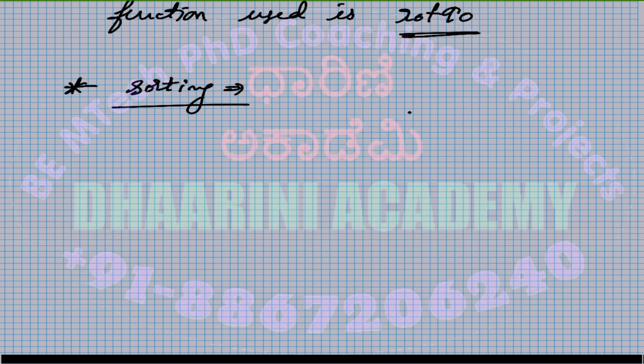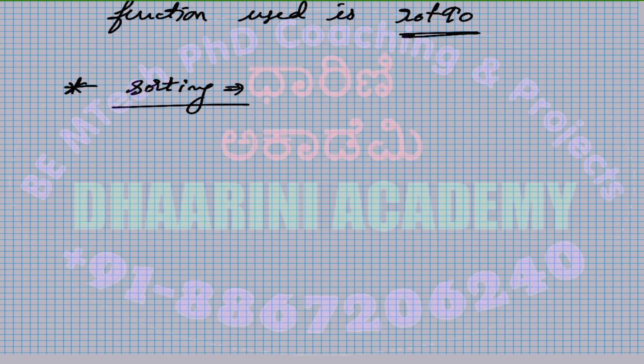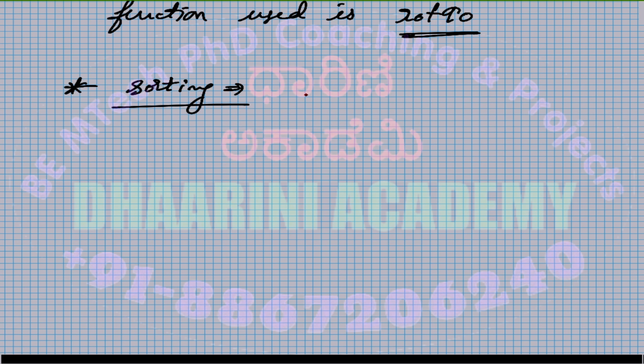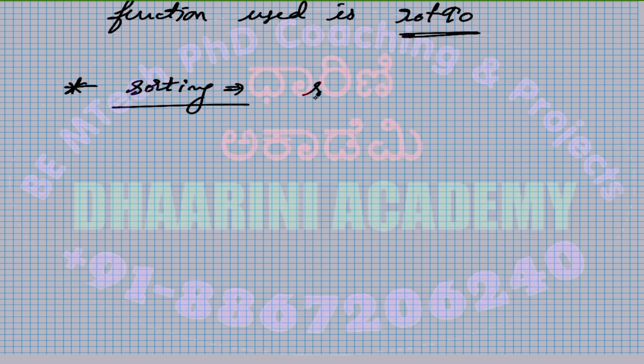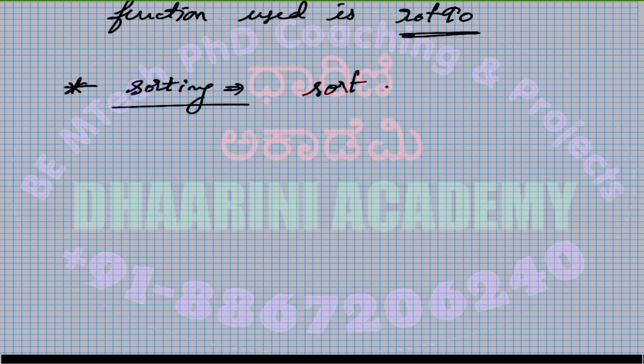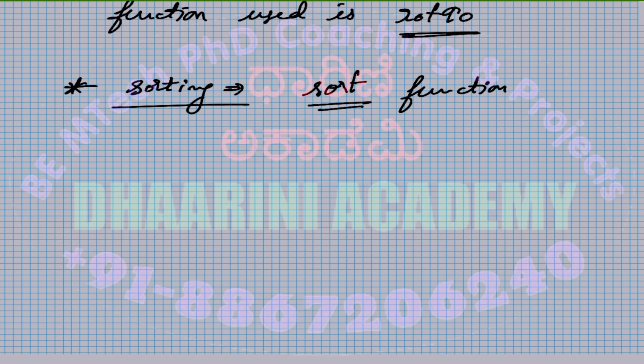Sorting the data in an array is actually a very useful tool. MATLAB provides a lot of options to do this. We use a function called sort. By default, this sort function sorts the elements of each row or column in ascending or descending order.